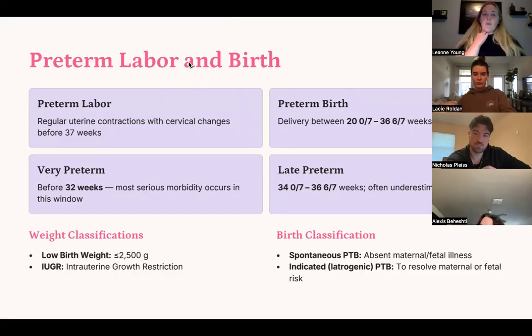Okay. From a weight classification standpoint, a low birth weight would be a baby that weighs anything under 2,500 grams. All right. This can be because we have an early delivery, right? It's a preterm birth. That's most likely, most of the time, going to be a small baby. Or it could be because of intrauterine growth restriction, which can be caused by a whole lot of things. We talked about this extensively last week. Like almost everything causes intrauterine growth restriction, right?